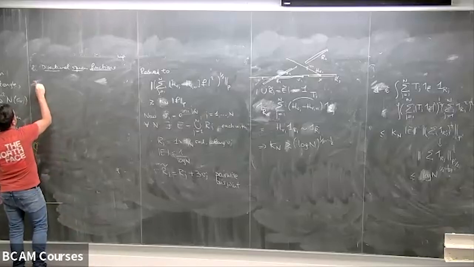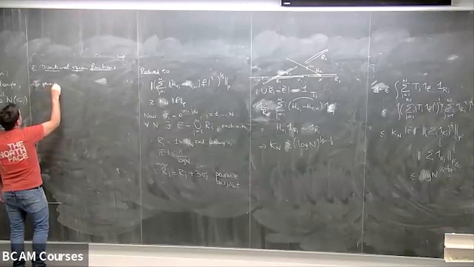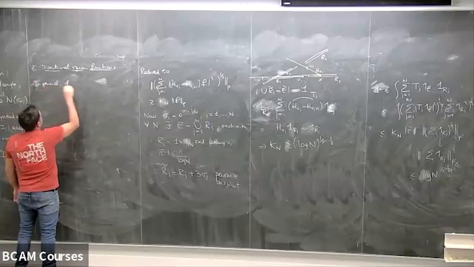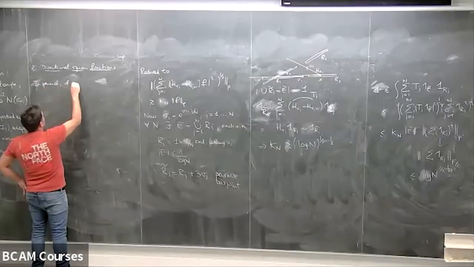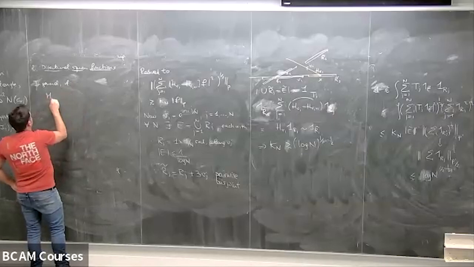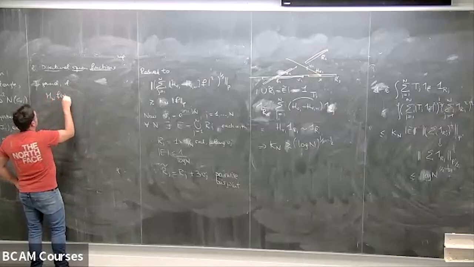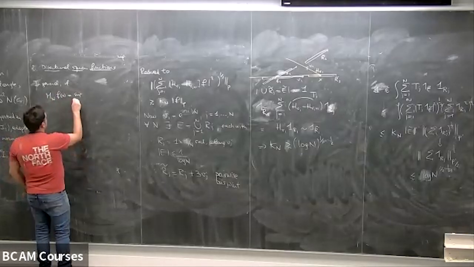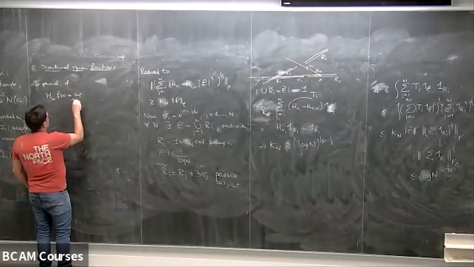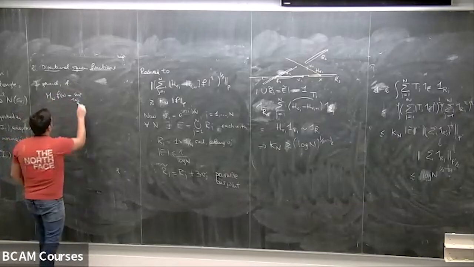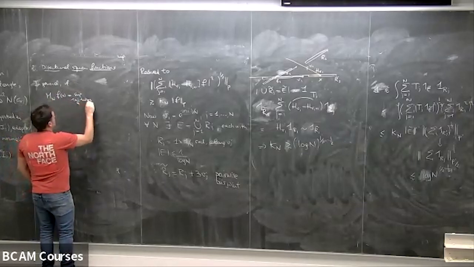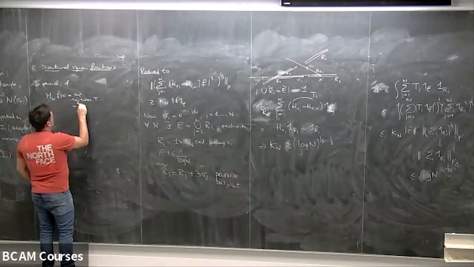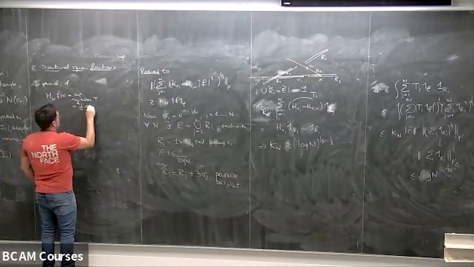So in general, if you have the maximal function Mn, which is the supremum over all tubes, 1 cross 1 tubes in 1 over n separated directions.